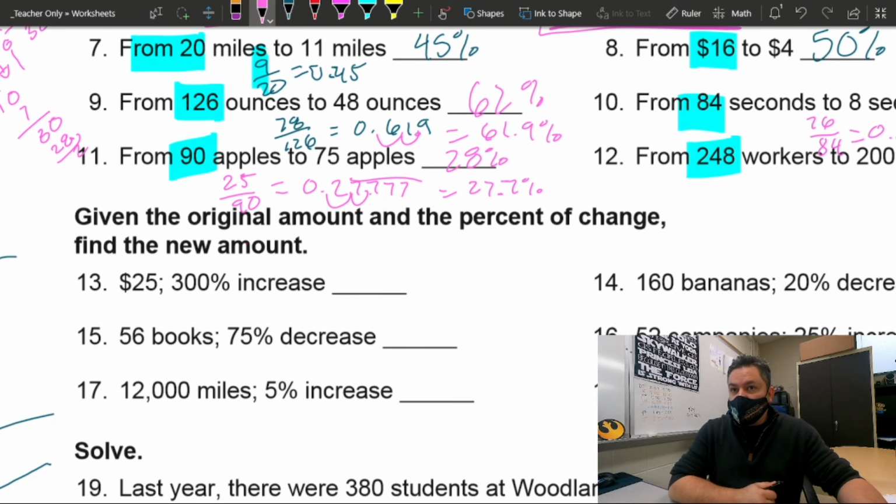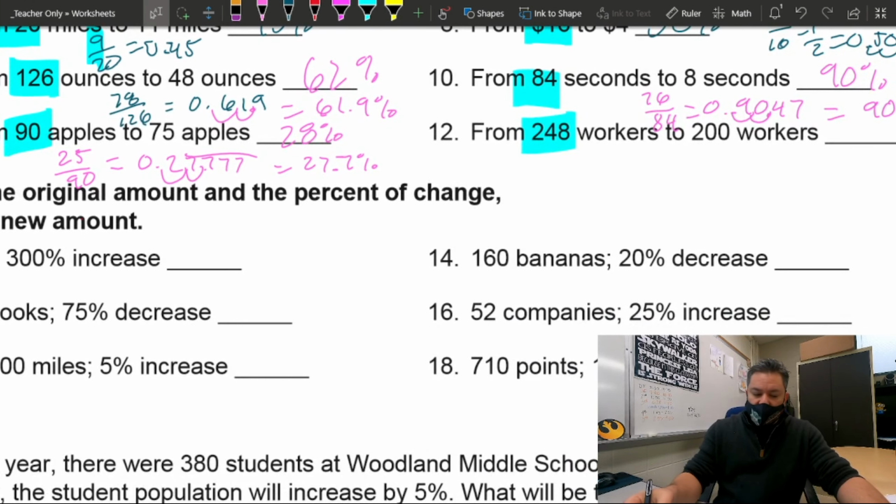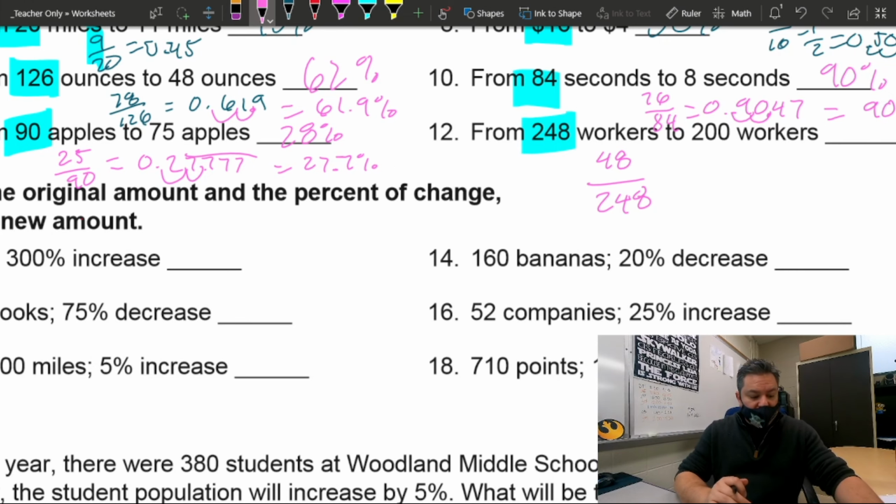Any questions so far? And the last one. 248 minus 200 gives you 48. And then you divide that by the original, which is 248. You can start simplifying. I'm just going to do it a little bit faster and just go ahead and divide because I'm using a calculator on the side.